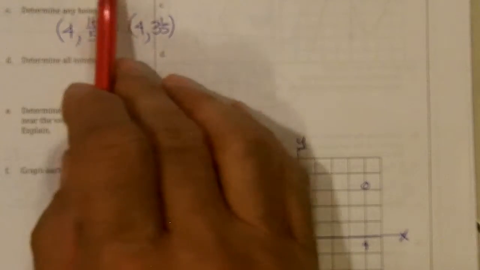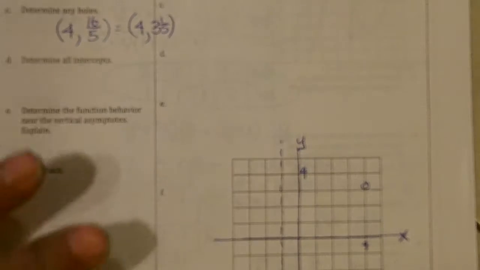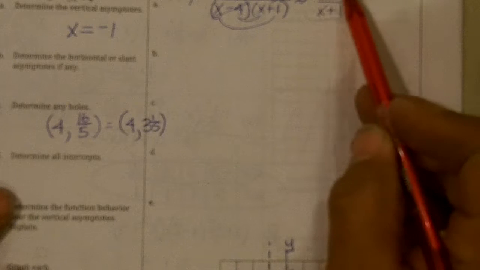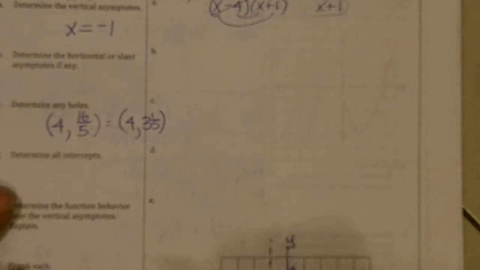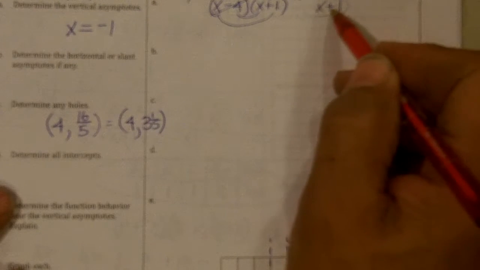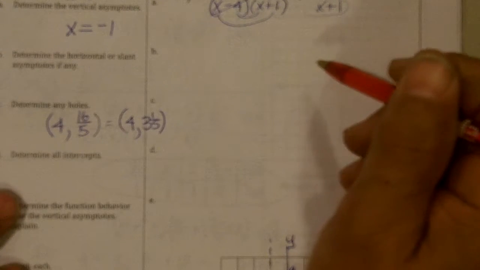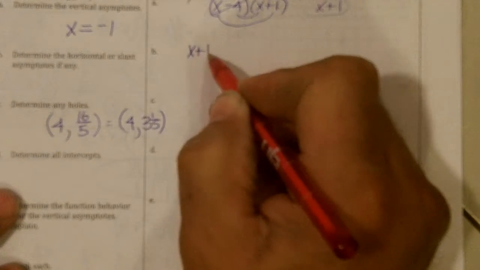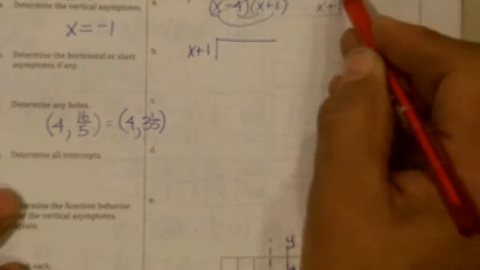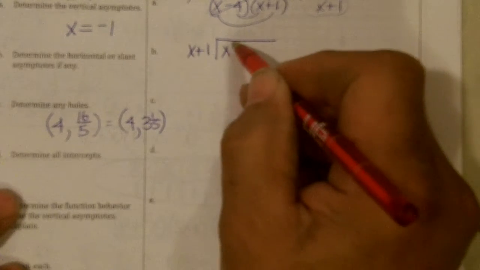Now determine horizontal or slant asymptotes, if any. Well, we have a degree that's greater in the numerator by 1 over the denominator. So we need to do long division. This is simple enough. We could just do synthetic division. I'll do them both. So I can do x plus 1 into the numerator, x squared.